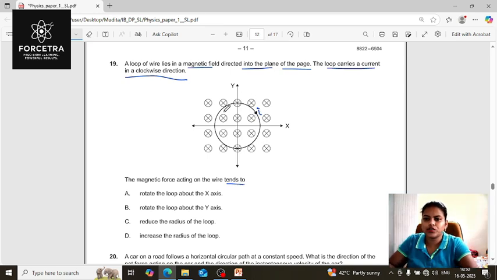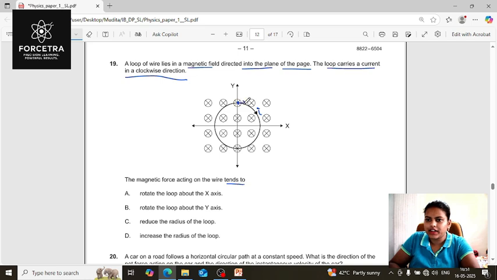To solve this question, we have to take help of Fleming's left hand rule, in which these fingers represent the magnetic field, the thumb direction represents the current direction, and the direction perpendicular to the palm represents the force direction. So let's find out the force at this point.